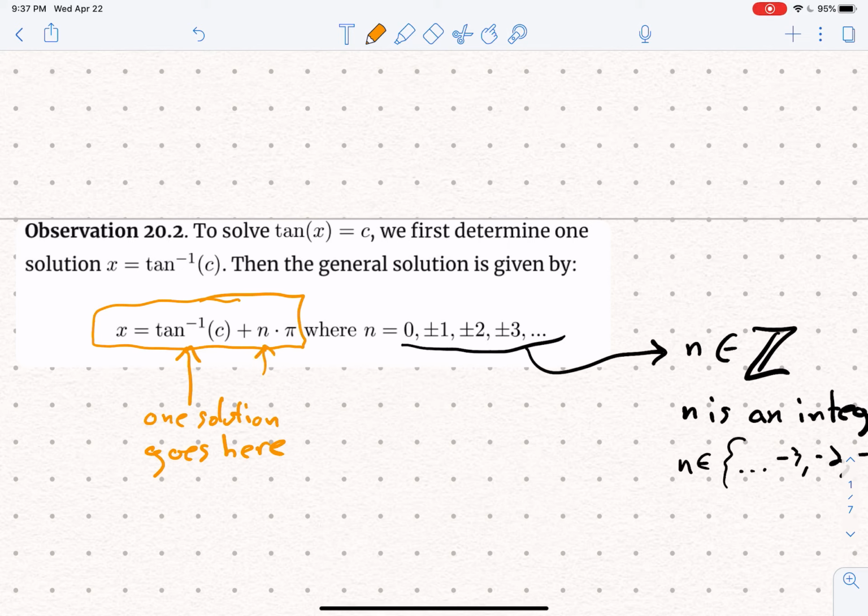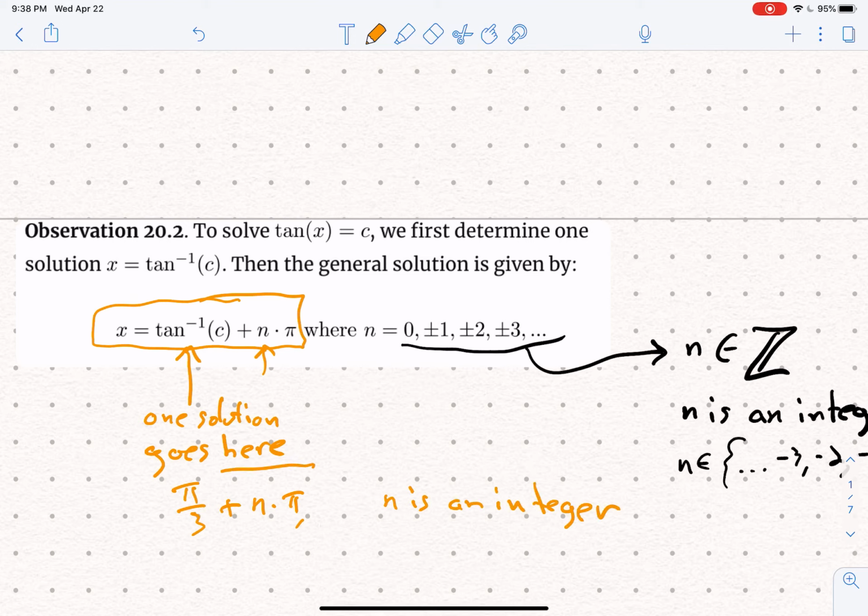That means n can be either 0, or any positive whole number, or any negative whole number, that is, any integer. And you plug in an integer times pi. So, for example, we could get a solution by taking our solution, pi over 3, plus any number n times pi, where n is an integer.